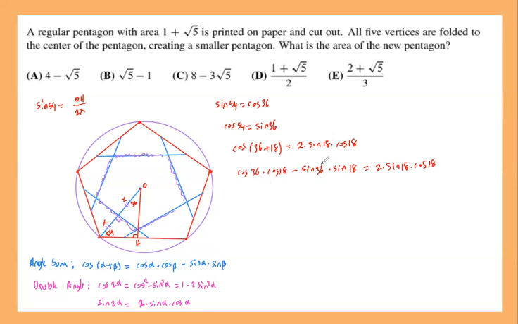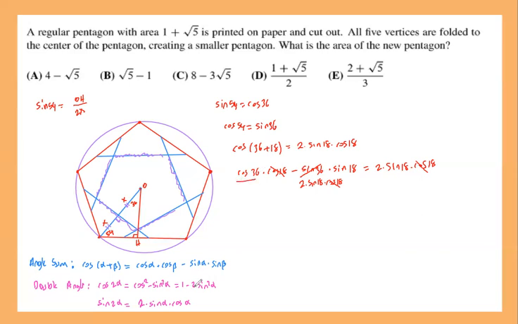Because if I expand this, that will be 2 times sine 18 cosine 18. So we have cosine 18 in this product. We have cosine 18, cosine 18. So if you divide both sides by the cosine 18, we are going to cancel this and cancel this. So now we may expand cosine 36, maybe by using this one, because I'm going to write everything in terms of sine 18.